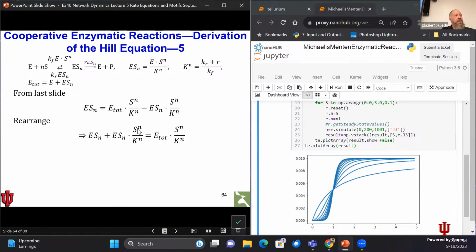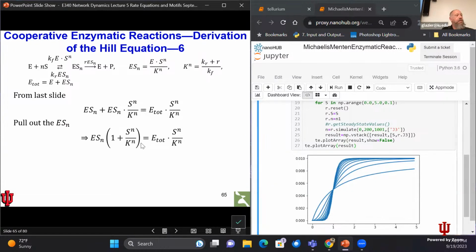ESN plus ESN times S to the N over K to the N is equal to E total S to the N over K to the N. I now distribute out ESN: ESN times 1 plus S to the N over K to the N. And now my last step, I divide through by 1 plus S to the N over K to the N.